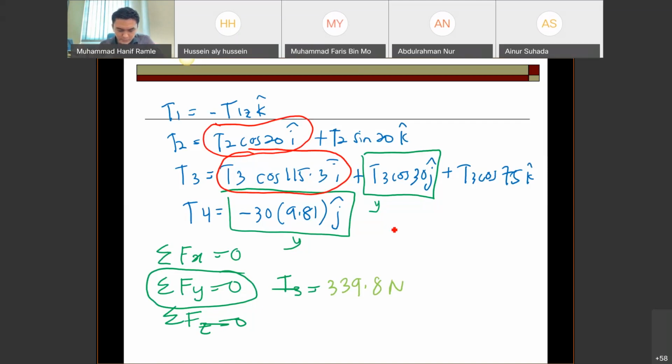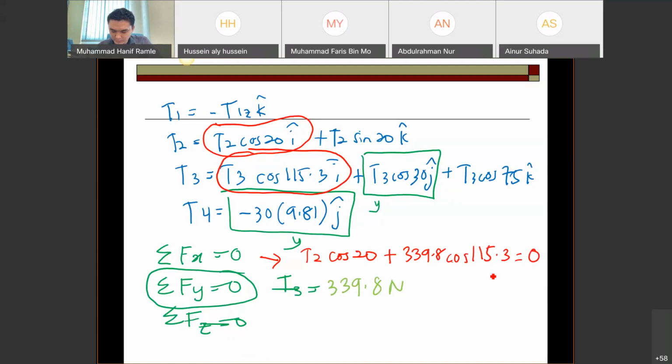We have T2 cos 20 plus T3, which is already 339.8 cos 115.3, and it must be equal to 0.